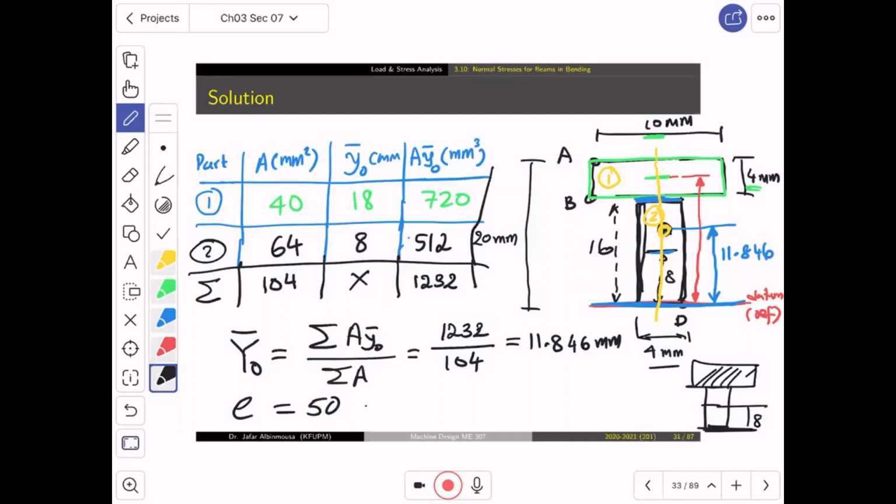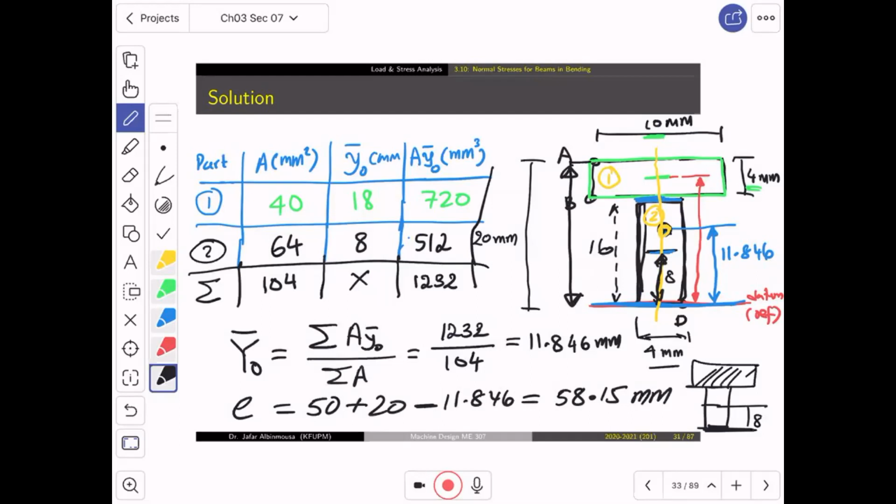We are going to add all of this, which is 20, and then subtract this. Right? So we have to add 20 minus 11.846, which is going to give you 58.15 millimeter. Is that correct? Anybody has a question?